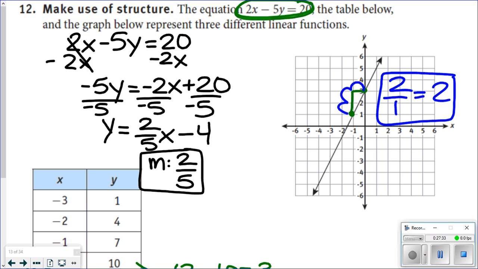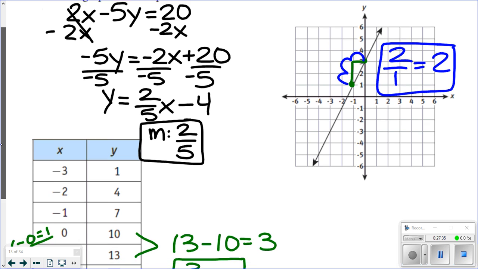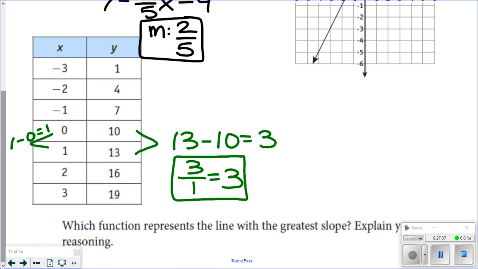Now let's go to the table. I picked (0, 10) and (1, 13) as my points to use because they don't have any negatives and they're really easy numbers for me to work with. From 10 to 13, I'm going up 3. From 0 to 1, I'm going up 1. Everyone see that?